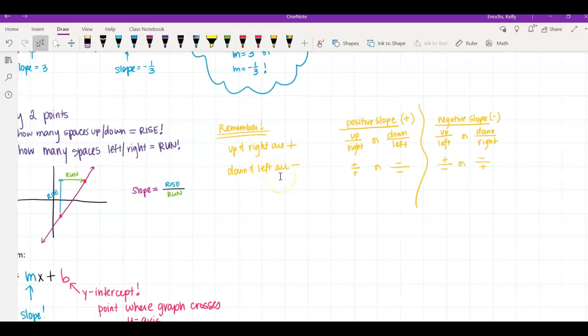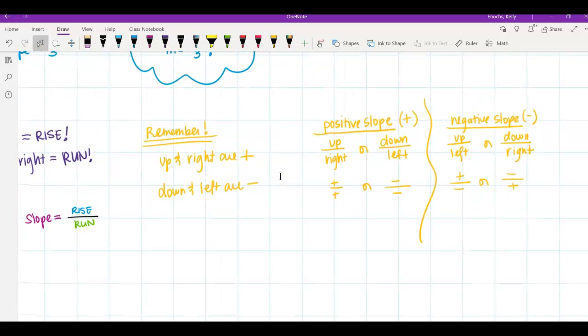Some of you had a little hard time remembering positive and negative directions when we did slope. So just a couple of reminders. If you count up or if you count to the right, those are positive numbers. If you count down or to the left, those are negative numbers, which means if we want a total positive slope, if our m is positive 3, we need to either go up and right or down and left because that will give me a positive fraction.